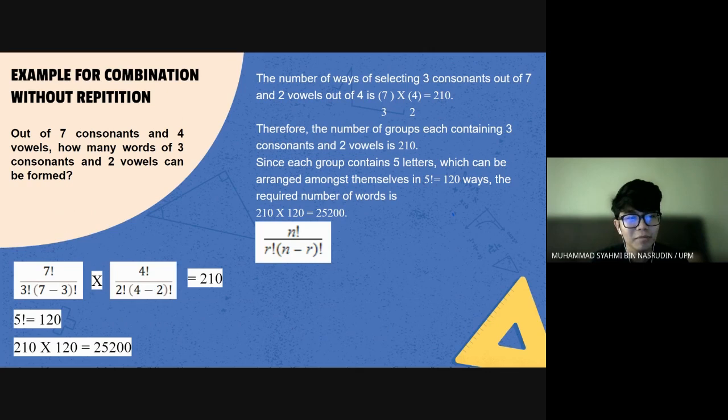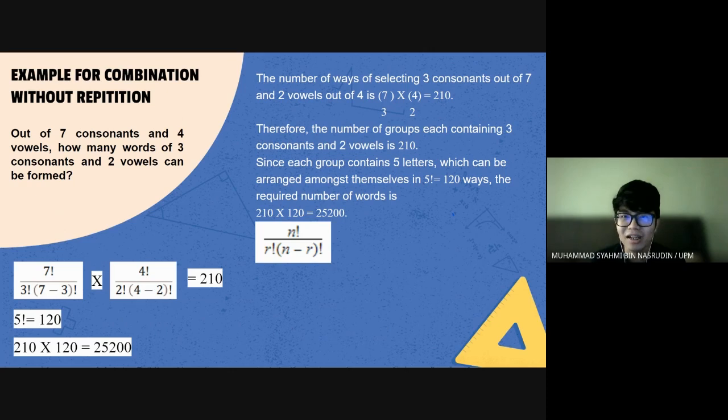So we insert the numbers in the formula: 7 factorial over 3 factorial times (7 minus 3) factorial, and because we need to combine it, we need to multiply with the vowels one. So we need to choose 2 from the 4 vowels that have been given. So we insert the numbers in the formula: 4 factorial over 2 factorial times (4 minus 2) factorial, and we multiply both of them, we get 210 ways.